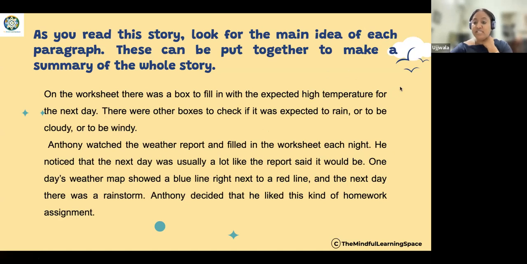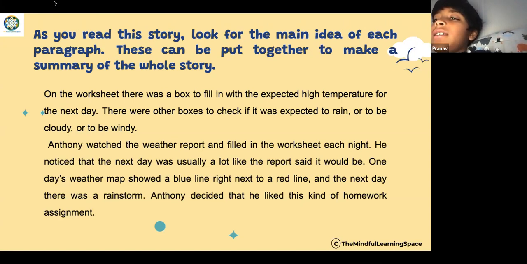Okay. So what is the next instruction given by Mr. Rivera? Pranav, I want you to read now. On the worksheet, there was a box to fill in with the expected high temperature for the next day. There were other boxes to check if it was expected to rain or to be cloudy or windy. Anthony watched the weather report and filled the worksheet.